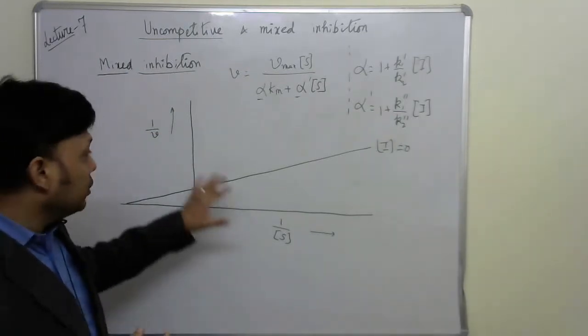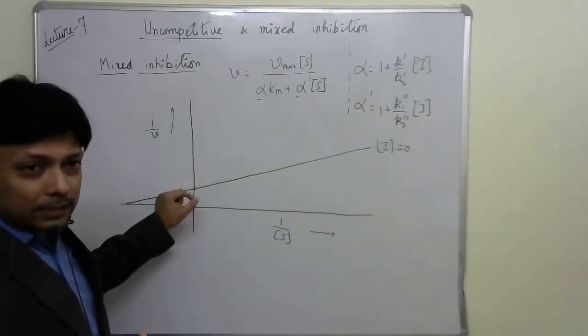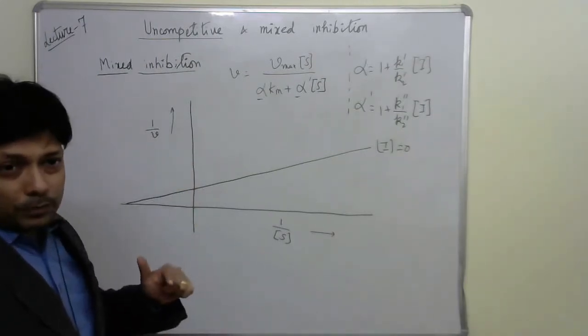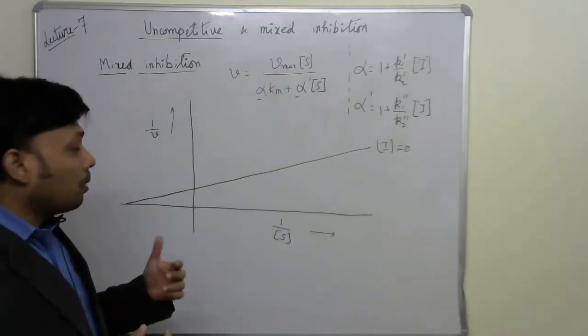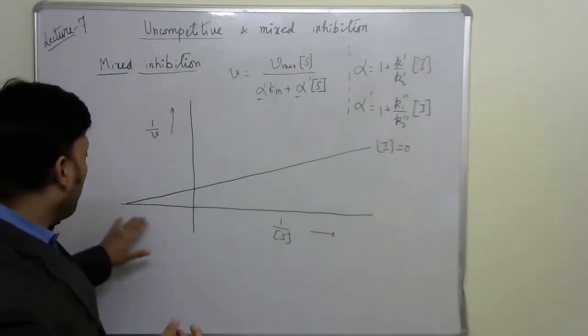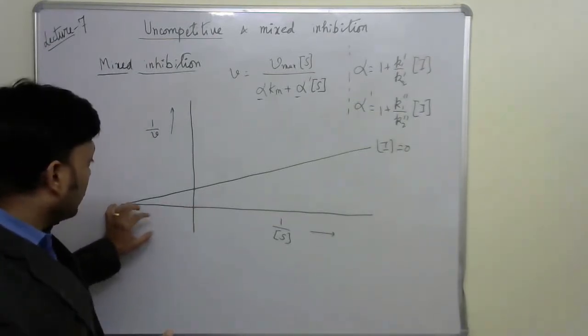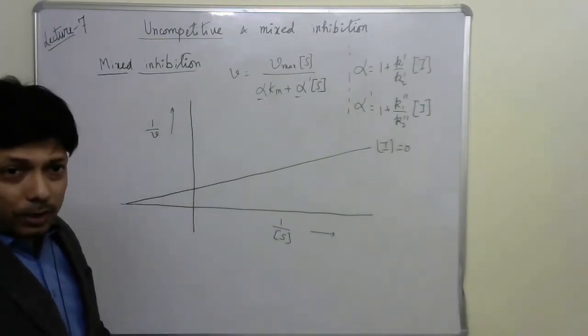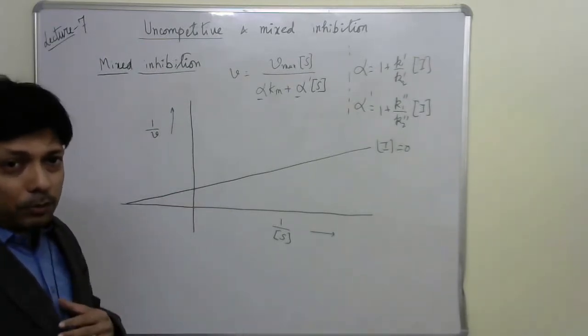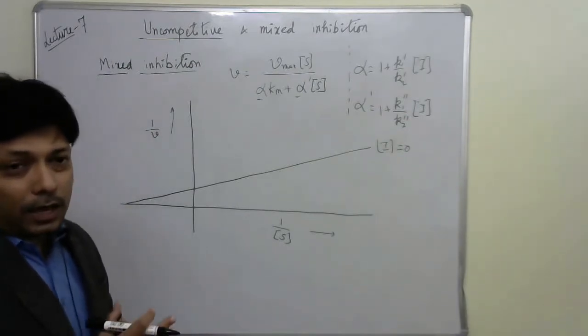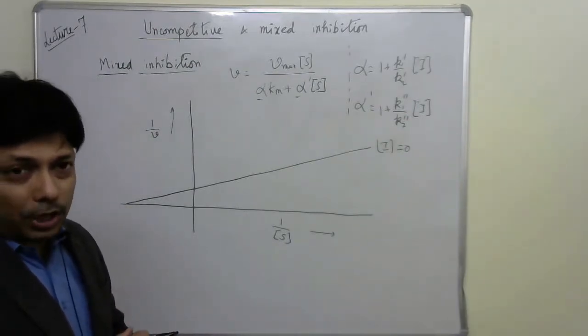Is the Vmax, that means the intercept, changing on the vertical axis? Yes, it's increasing. Is the slope increasing? Yes. What about the apparent Km? Because the apparent Km would tell you from where this graph will start when the 1 over S value is 0. Okay? So from the graph plot, probably you can guess that the apparent Km should also be changing.